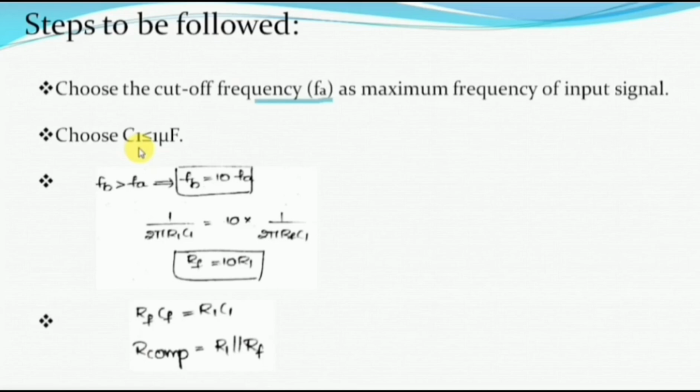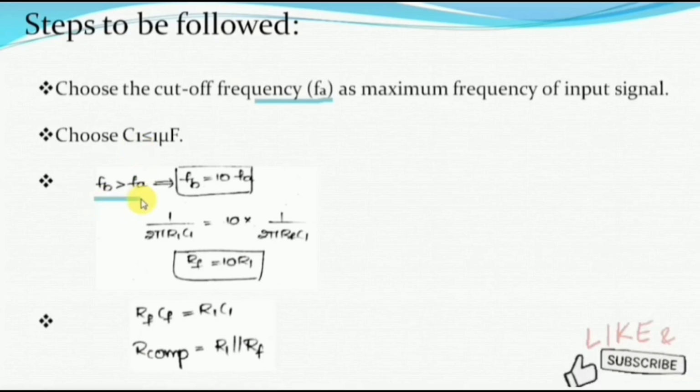So C1 is assumed. In the circuit, we have to find out the values of resistors R1, RF, R compensation, and thereafter the capacitor CF. In theory, we assume that the FB frequency is always greater than FA. Here, FA is the cutoff frequency, and FB is the frequency at which the gain of the differentiator circuit starts decreasing.